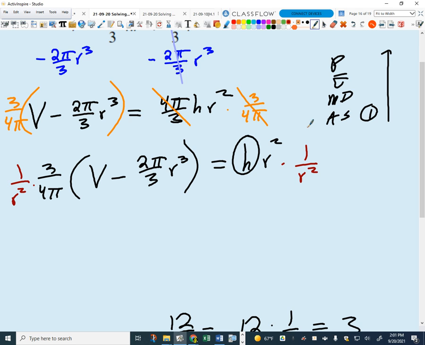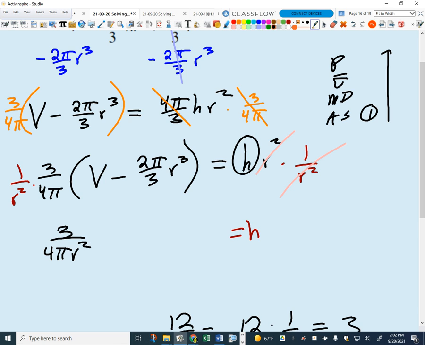And I still get r squared over r squared, so they'll still cancel, don't they? Those guys cancel, and we got it. We got h by itself equals, what do I get over here? Well, if I multiply straight across, I get 3 over r squared times 4 pi. So I'm going to write that as 3 over 4 pi r squared.